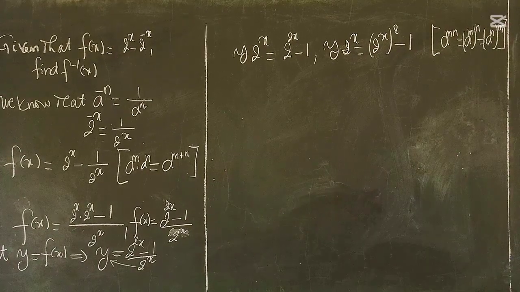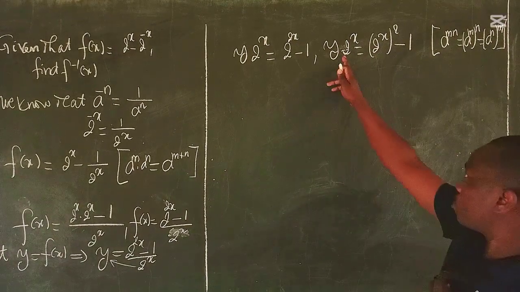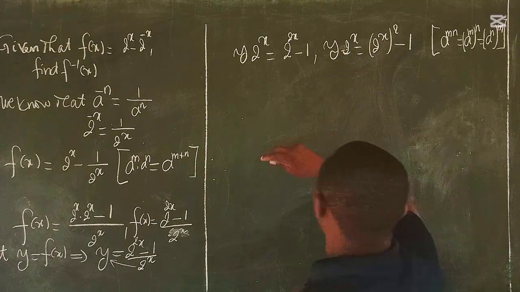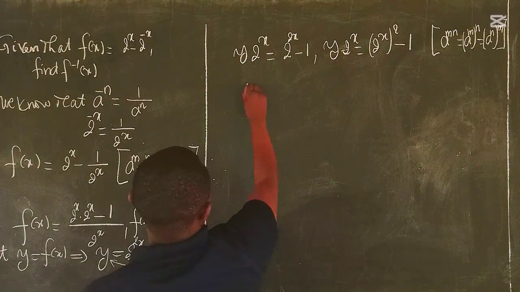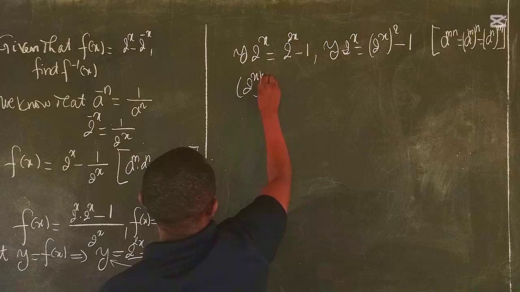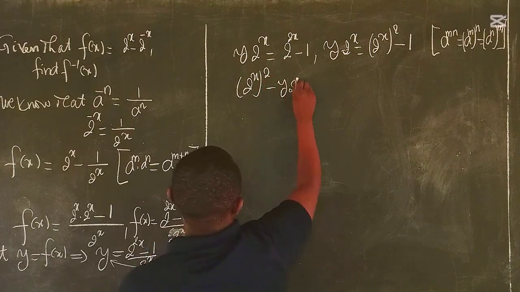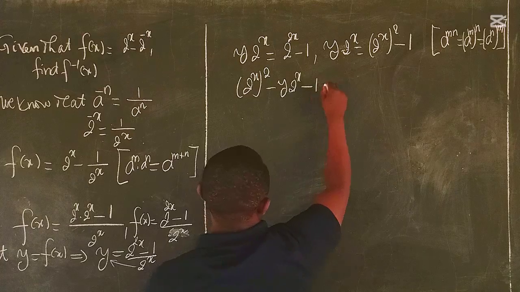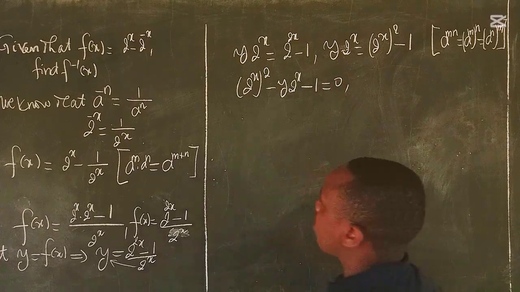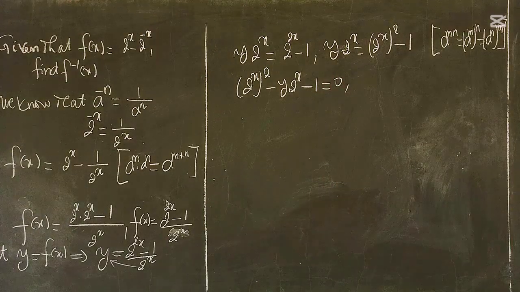Taking this, we have 2 power x, power 2, minus y times 2 power x minus 1, which is 0. We need to complete the square.